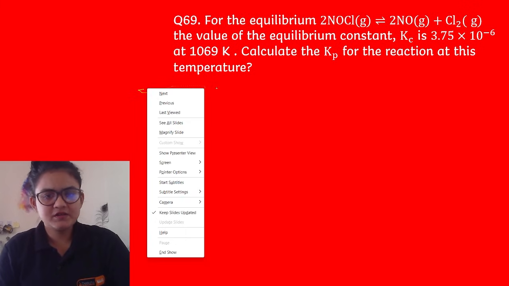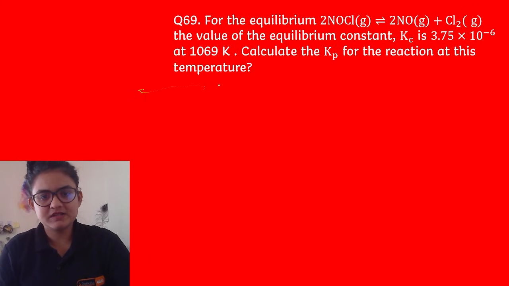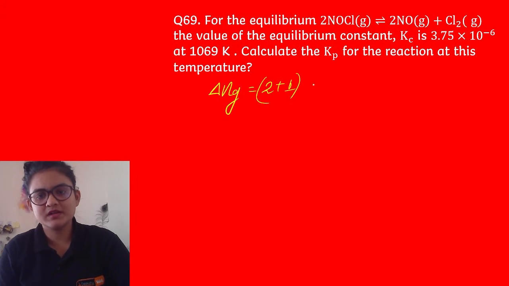First we will calculate the delta ng value. Whenever I calculate delta ng, we consider only the gaseous species. So 2NO, so 2, plus 1 Cl2, right? This is the product side, 3. Minus the reactant side, which is 2, so I am getting 1.